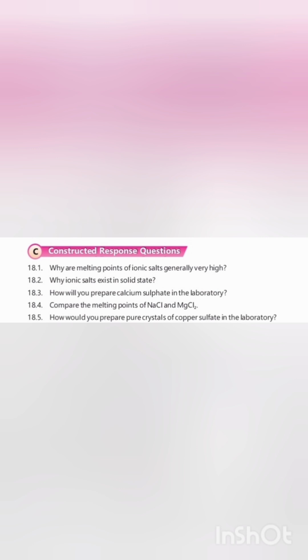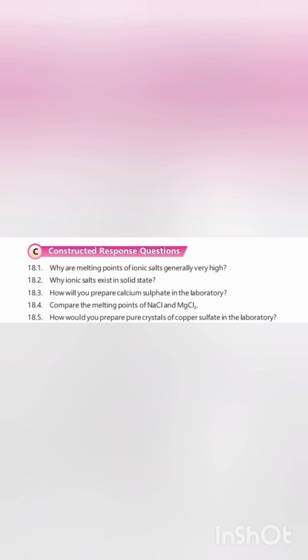The last question is, how would you prepare pure crystals of copper sulfate in the laboratory? Copper sulfate is a soluble salt. It is prepared by reacting an insoluble metal oxide or carbonate with a dilute acid, followed by crystallization. Let's see the procedure. Measure a fixed volume of dilute sulfuric acid into a beaker and warm it gently.